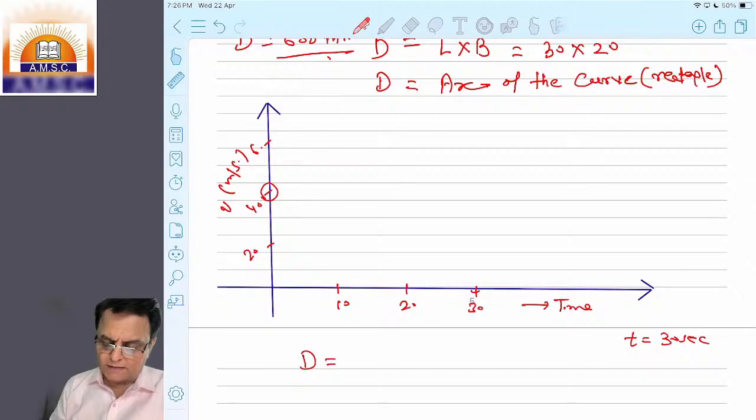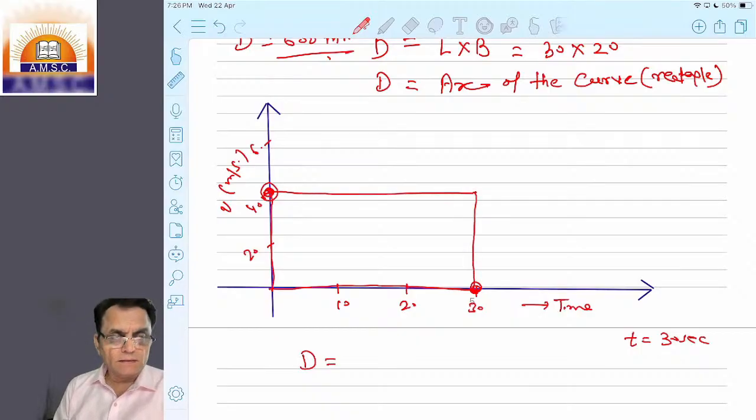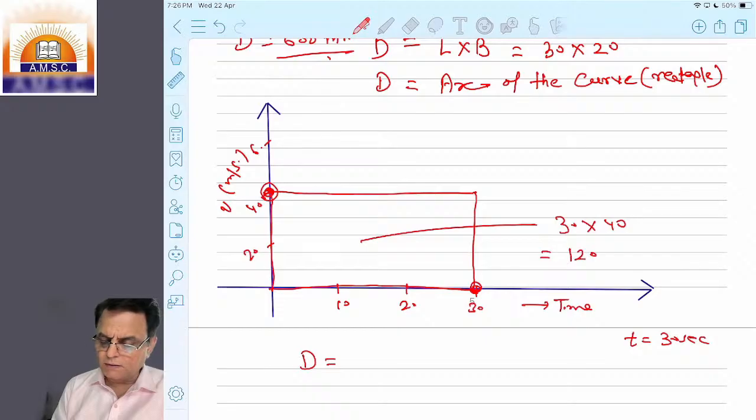We will look at the 30 second, we'll look at the 40, and would like to create a curve. What kind of curve is available to me? Rectangle, right? So the area of this rectangle is 30 into 40.